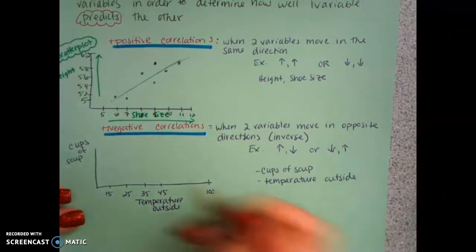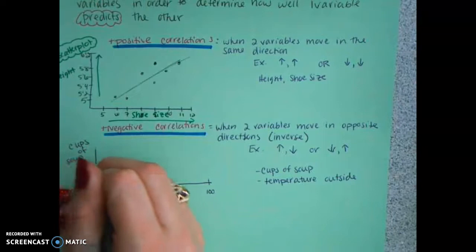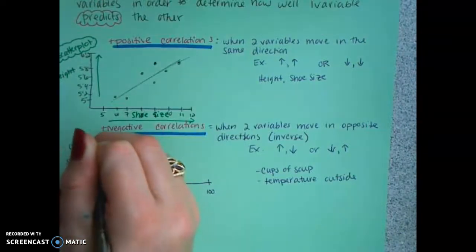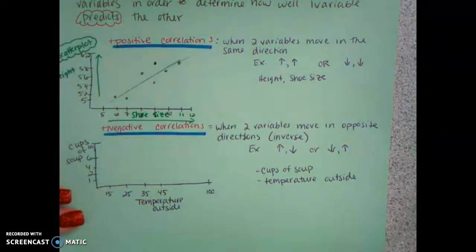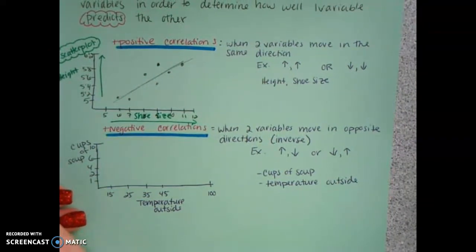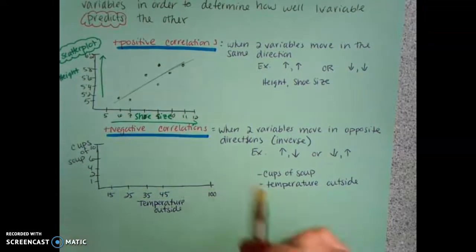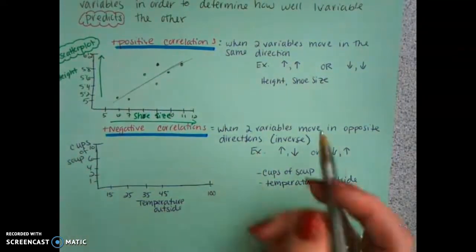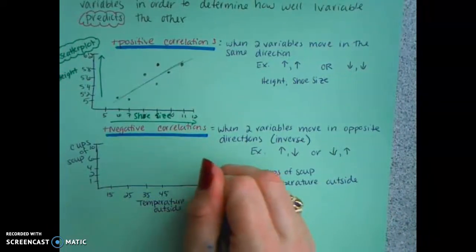Cups of soup, you could say 1, 2, 4, 6, let's say like 10, right? And if we were really going to plot this out, we'd actually have to investigate how much soup was eaten when, but you could say, how many cups of soup are you going to drink when it's 100 degrees? Well, most of us are like, well, 0, Miss Pretet, right?